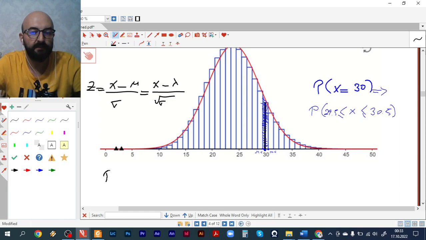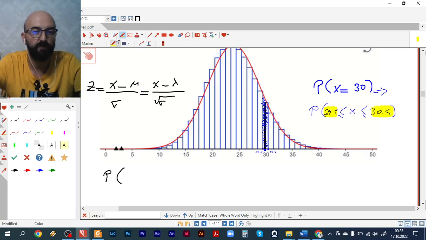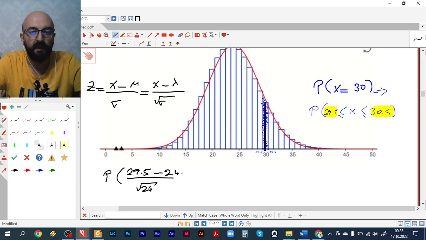So the probability of our x values, the first one 29.5, the second one 30.5, so z is 29.5 minus lambda 24, please remember that, over the square root of 24, and z is 30.5 minus lambda over the square root of 24.